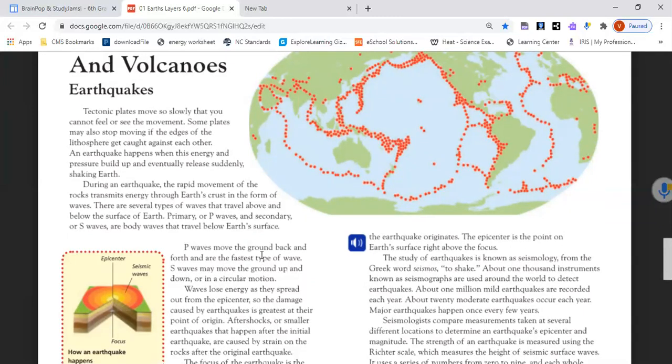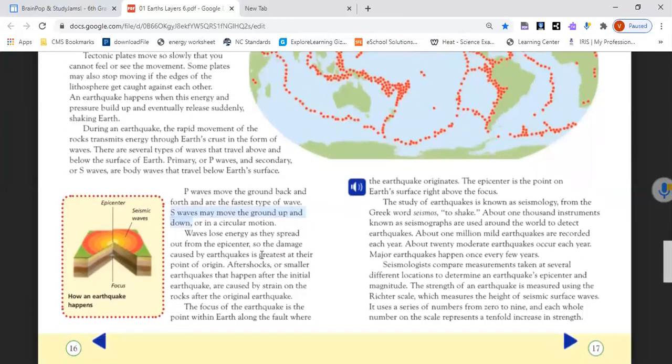Aftershocks, or small earthquakes that happen after the initial earthquake, are caused by strains of rocks after the original earthquake. Once the main event is done, there are small earthquake shocks which do not have that capacity of intense damage.